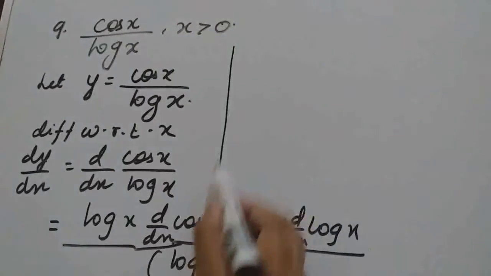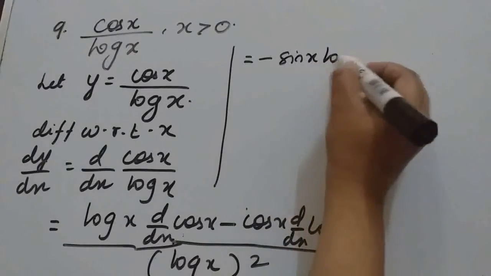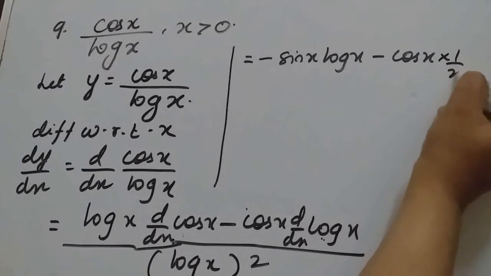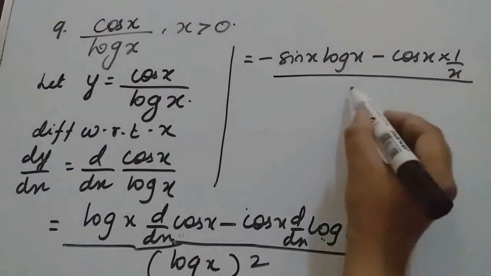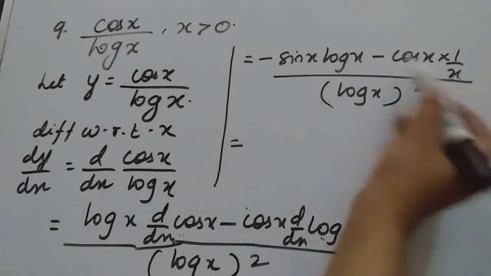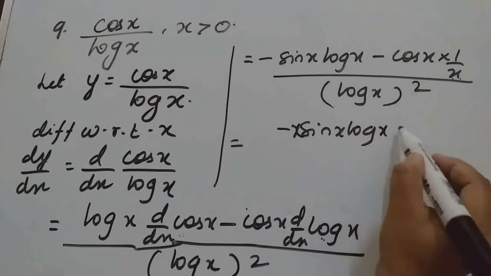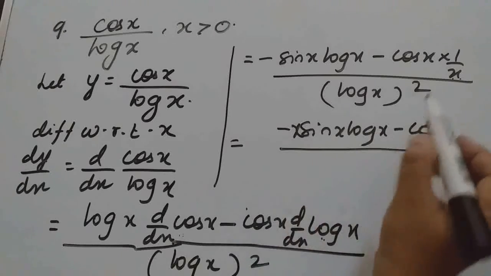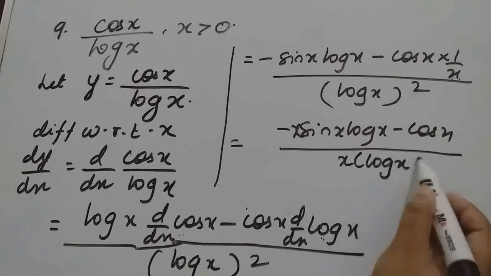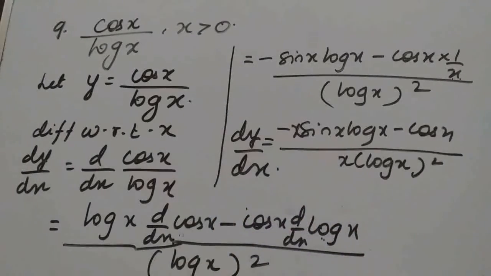So see what we will get: log x same, the derivative of cos is minus sin, so minus sin x log x, minus cos x, the derivative of log x is 1/x, all are standard functions. Then (log x) whole square. We can simplify this: we can multiply, so minus sin x log x will come here, cross multiplication, cos x. Now in the denominator x will come, so x(log x)². So this is dy/dx.